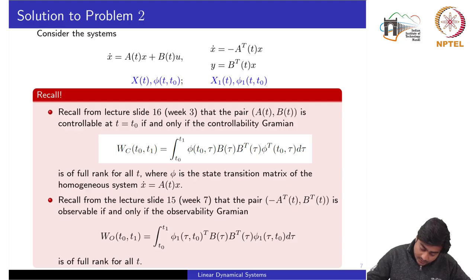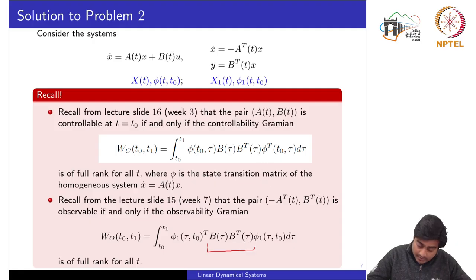Now if we pay attention to the right hand side, the terms which are appearing in the middle of this integrand remain the same. The difference lies only in the state transition matrices.